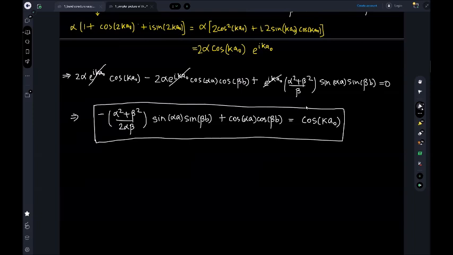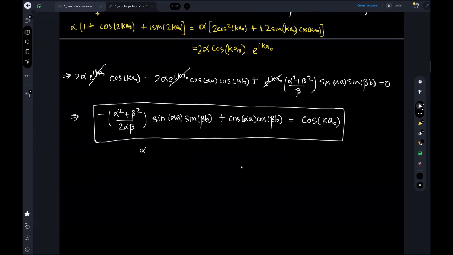So we have arrived at this equation, and this equation is quite important for what we are going to do next. So now I want you to recall how we defined the parameters alpha and beta.